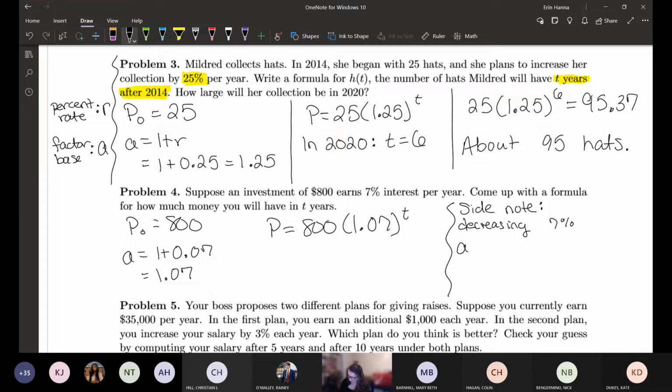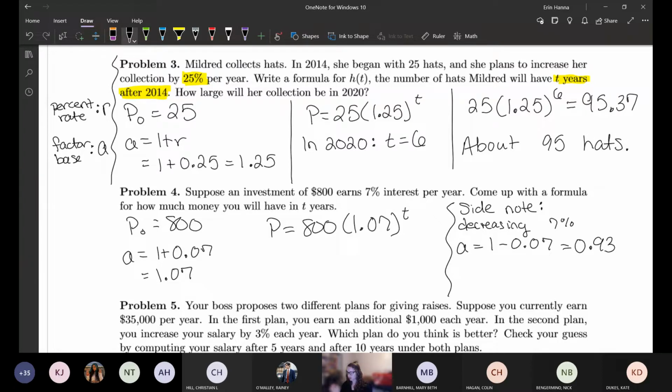Just to clarify, since it would be decreasing, we would be subtracting the R value, because the R value would have to be negative, which would result in an A value of 0.93. Remember when we defined exponential growth and exponential decay, exponential growth was for an A value greater than 1, and exponential decay, the A value turned out between 0 and 1.